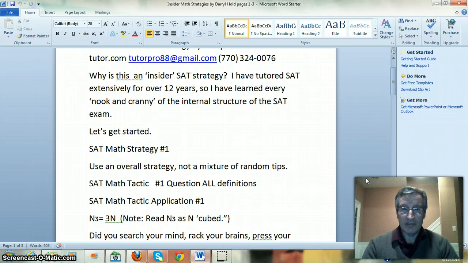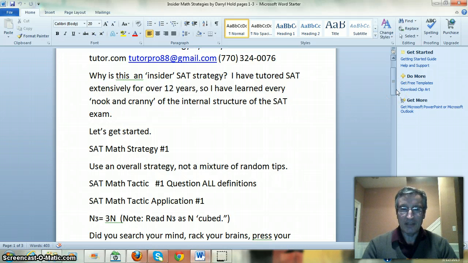For instance, there are definitions that you may have learned before you even got to school. You need to be able to question those definitions. This is very important. So let's talk about an application.